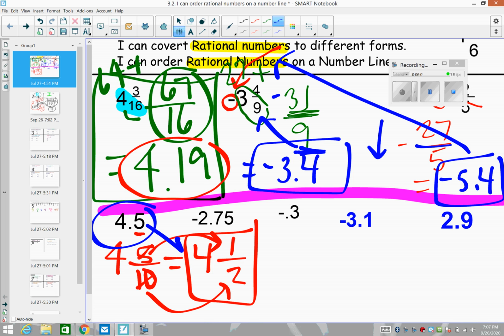And if we put that in lowest terms, we would end up with 4, and that reduces to 1/2. Because we can divide the top by 5 and the bottom by 5, it becomes 4 and 1/2.